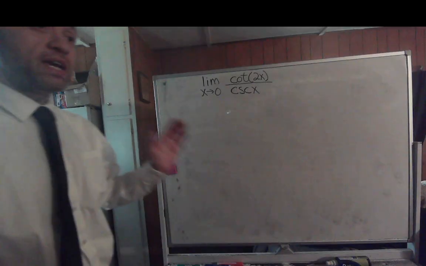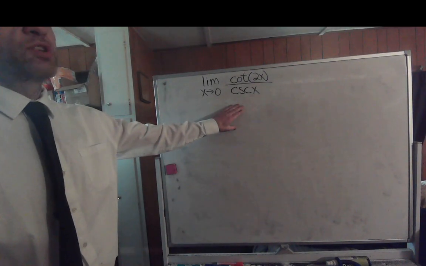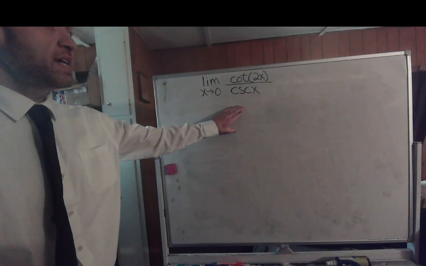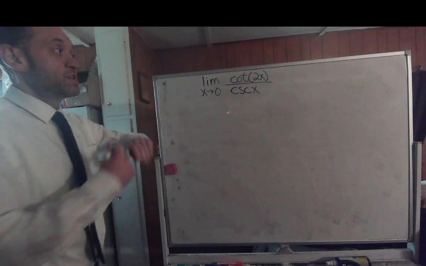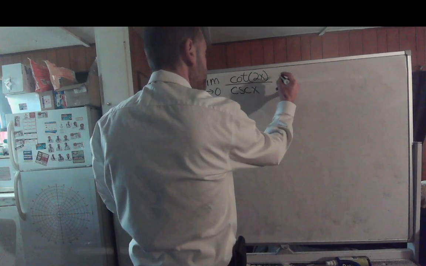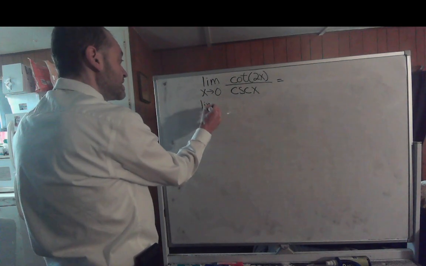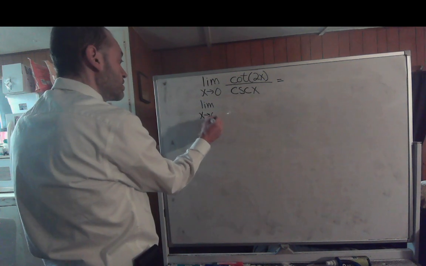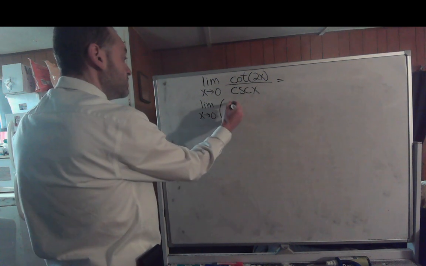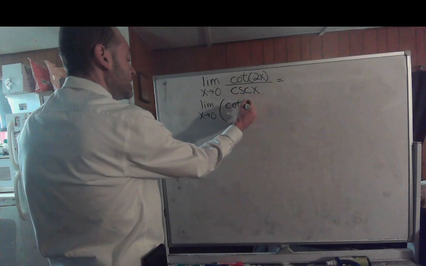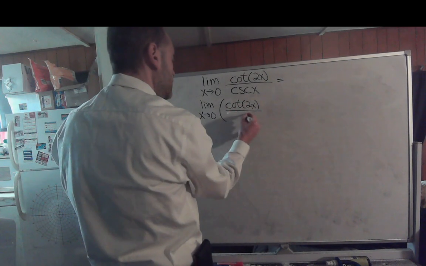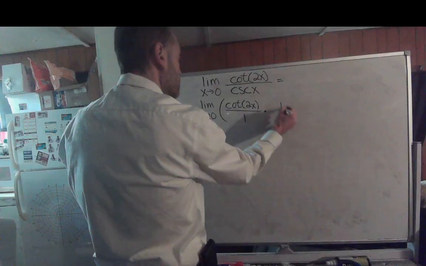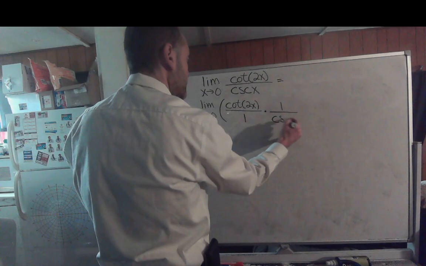So it might be helpful to rewrite this limit in terms of either sine, cosine, or tangent. But first, why don't we break this up into what we really have? Isn't this the same thing as the limit as x approaches 0 of the cotangent of 2x all over 1 times 1 over the cosecant of x?